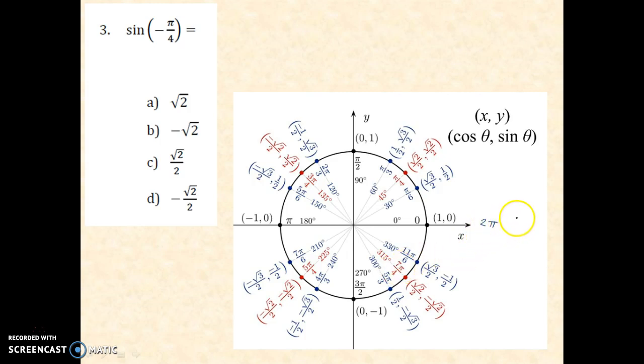Because 2 pi is the same as 8 pi over 4, and that tells me that negative pi over 4 is going to be the same angle as 7 pi over 4, because there's only one more pi over 4 to get back to the beginning. So if we go backwards a pi over 4, we're at 7 pi over 4. And what is the sine of 7 pi over 4, the same as negative pi over 4? Why, it's negative radical 2 over 2.